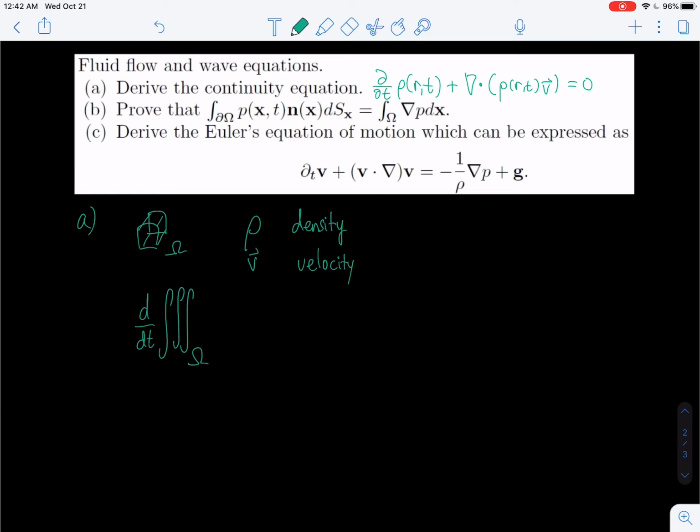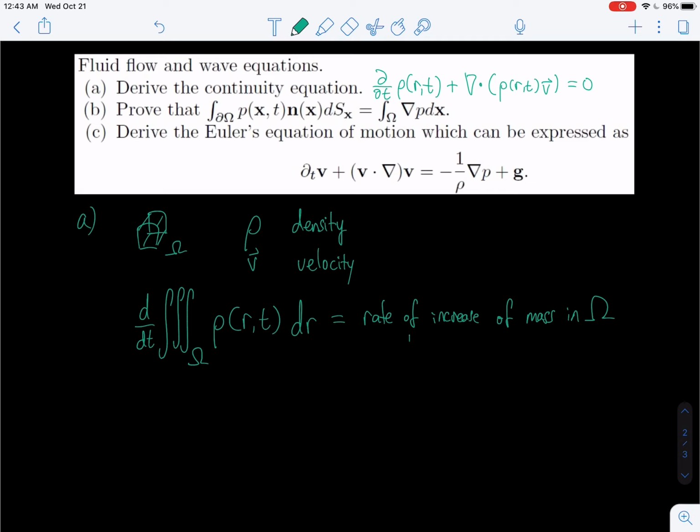So omega is some three-dimensional region, and rho is density, right? So if we integrate rho on the region omega, we get mass. And if we differentiate this whole thing, then this is basically the rate of increase of the mass in the region omega.